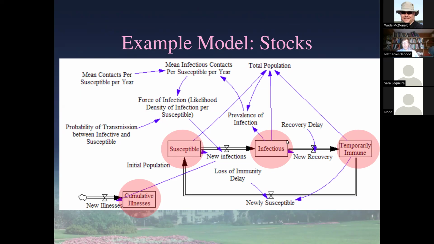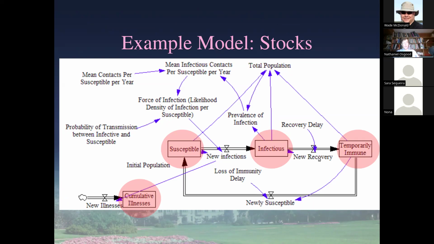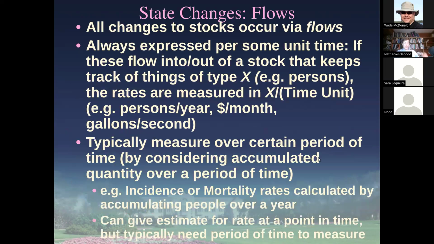But at a simpler level, the number of people recovering will be dependent on the number of infectious people, right? Depends on the state of the system. If there's nobody infectious, there's nobody that's going to recover. So flows depend on stocks. The evolution of stocks depends on the value that flows into and out of it, the net flow. But the value of the flows depends on the current state of the system.